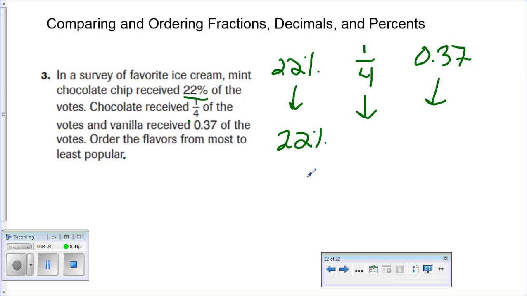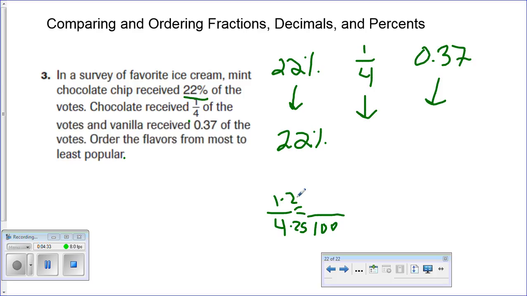1/4, hopefully you've memorized that 1/4 is 25%, because if I have 1/4, that is worth 25 cents. And when we think about money, we're always comparing it to a dollar, which is out of 100. But if you didn't remember that, we can compare this out of 100. 4 times what is 100? Well, 4 times 25 is 100.